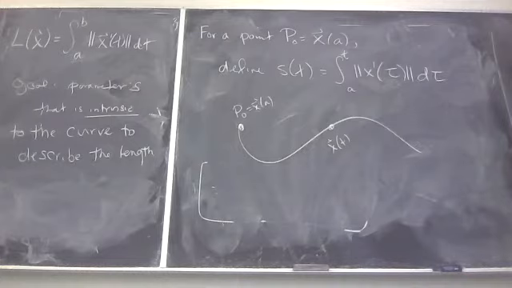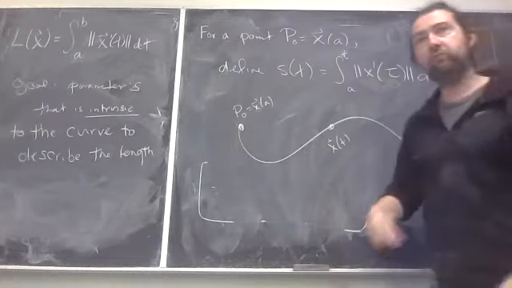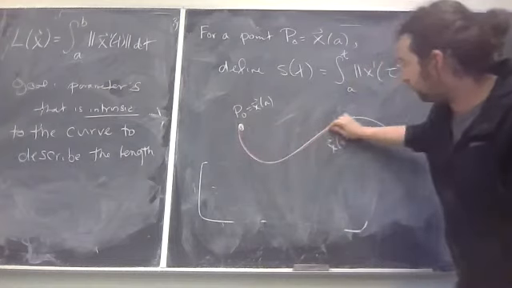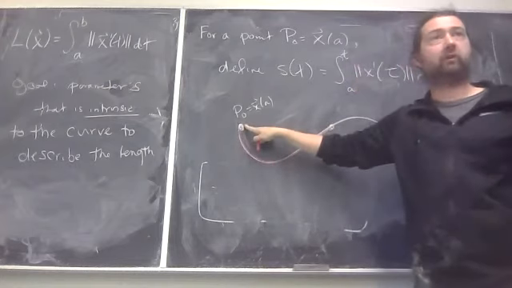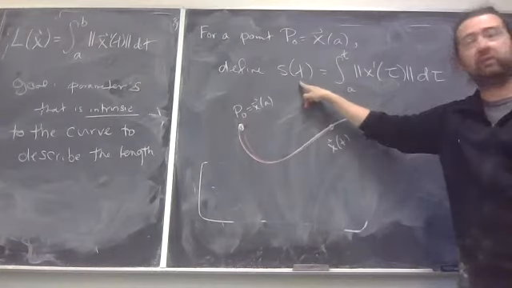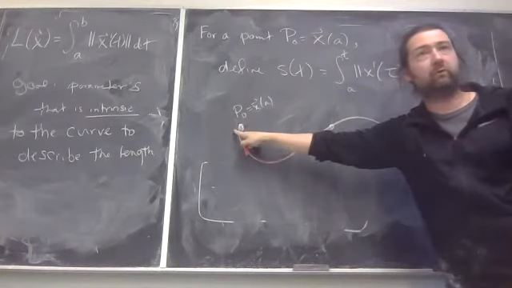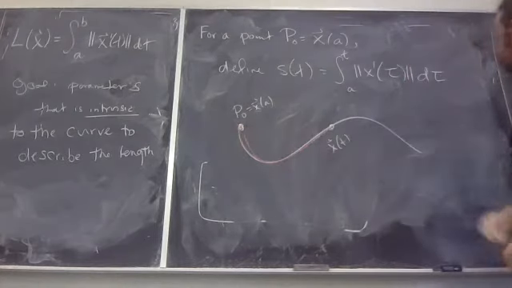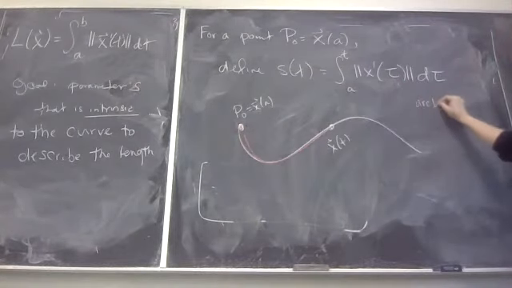What this is doing is computing the distance. You tell me the time that I'm at, and I will tell you how far along the curve you are from where you started. So this is a function that for any given time t will tell you how far you are from some base point. This is called the arc length function.